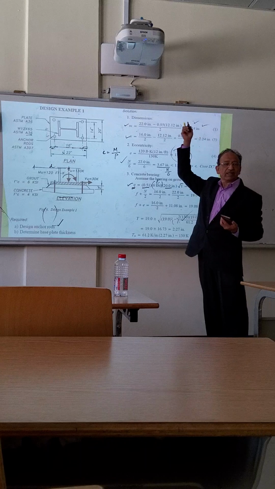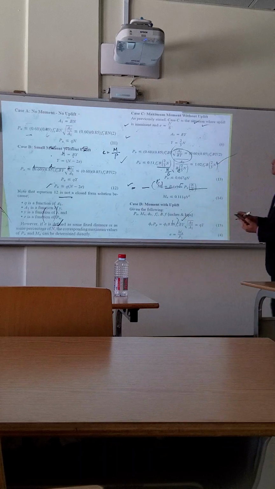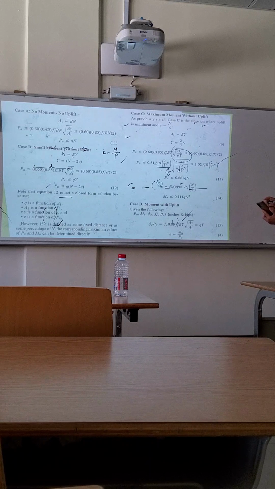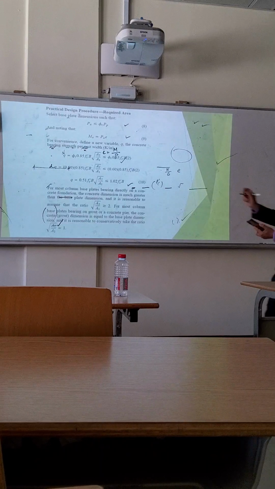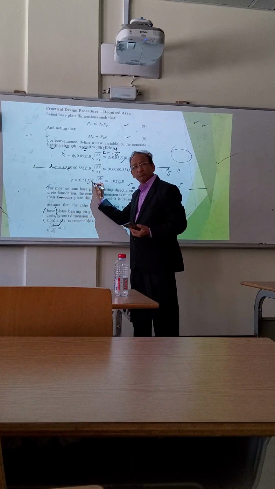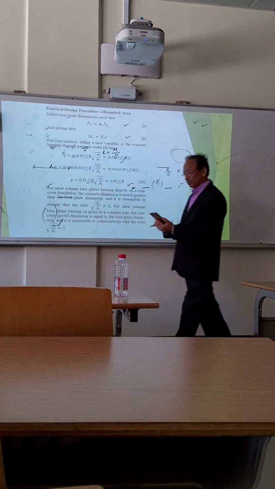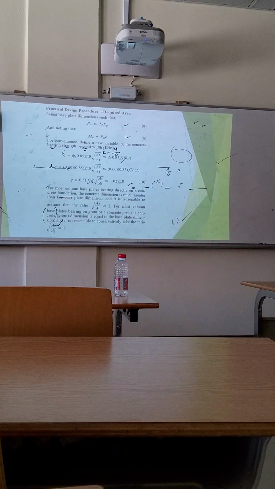Just go back to that formula for Q which we used earlier. Initially the formula for Q: 0.51 F prime C B and then square root of A2 upon A1. So based on that, we find the value of Q, which is the pressure of concrete.